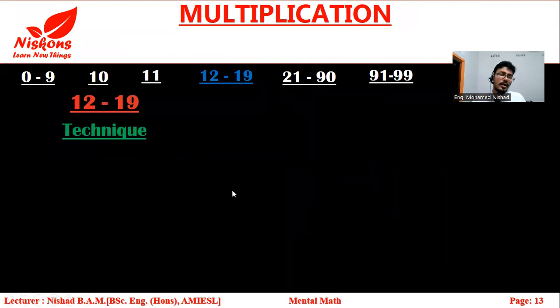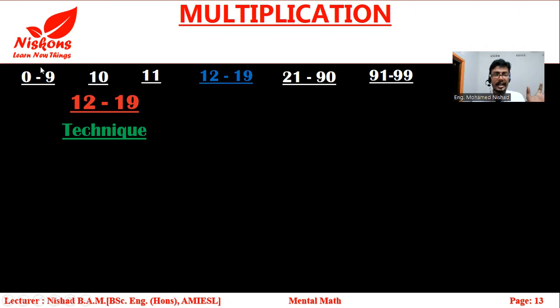Right. Now we are going to learn how we can calculate the numbers that lie between 12 to 19. In this technique, we have to focus on one thing. In the previous multiplication techniques that we have learned, the first number did not have to be within that range.